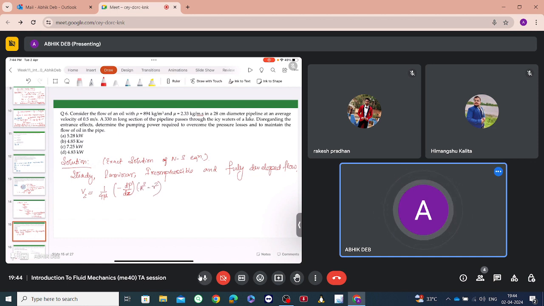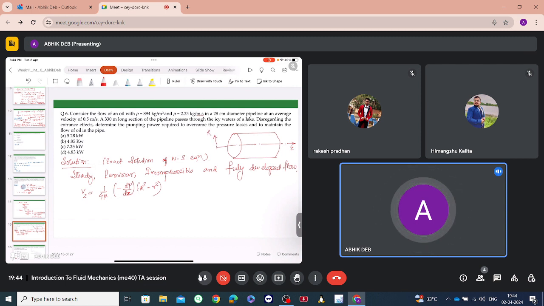Like this is the pipeline. This is the center line, and this is the direction of z. This is the direction of r.